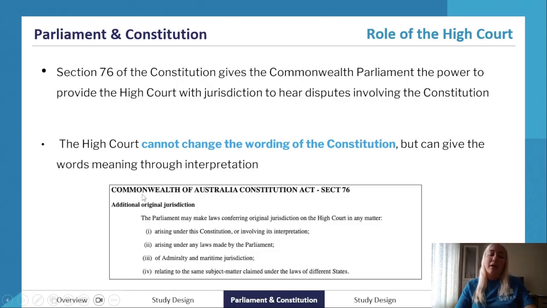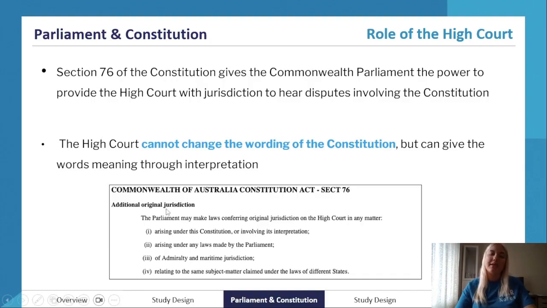So this means the High Court has jurisdiction to hear disputes between different states and disputes between a person and Commonwealth Parliament or a person and a state level parliament and disputes between Commonwealth Parliament and a state parliament as well.